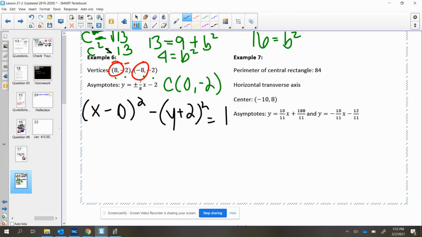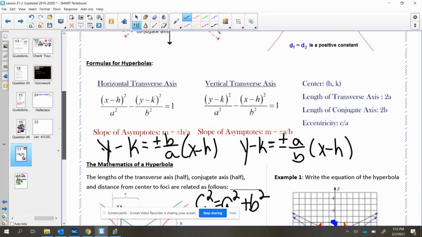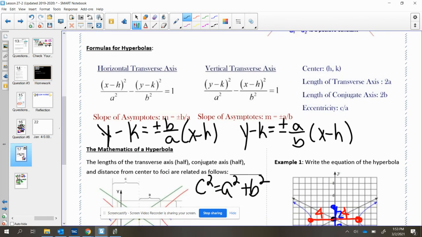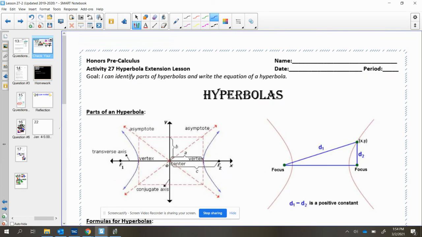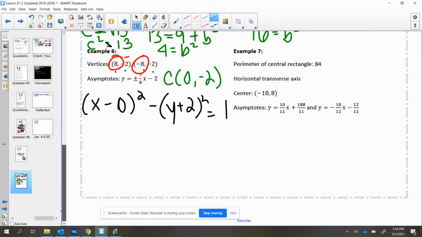Now this is where things are interesting. So remember, if we go back to this previous page, we said if it's horizontal, for our asymptotes, our formula is b over a, right? So when they're giving us the equation of one of our asymptotes, it's 7 over 8. That means we know the b value is 7, the a value, again, is 8 here.